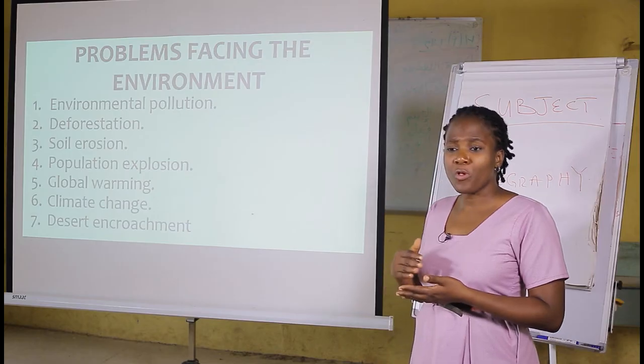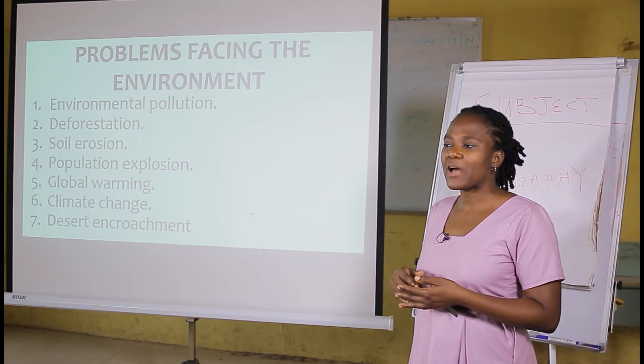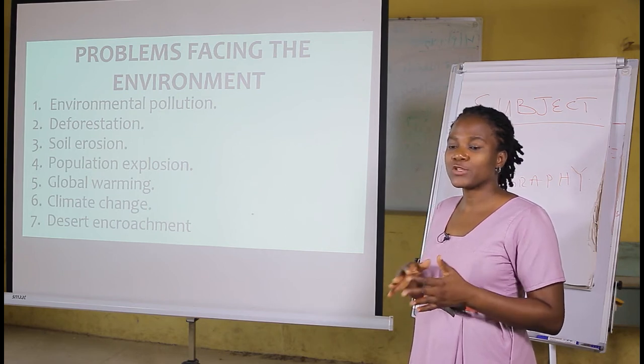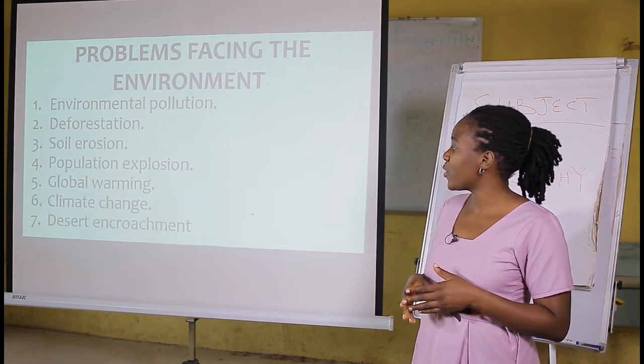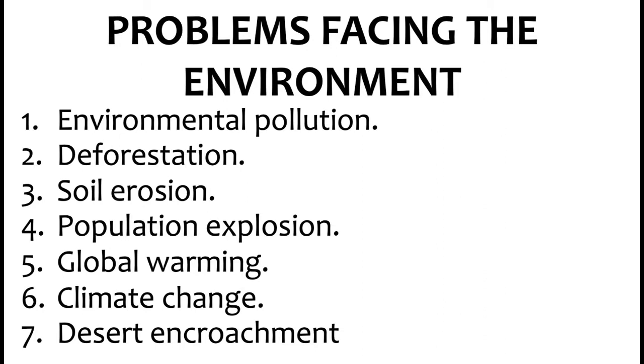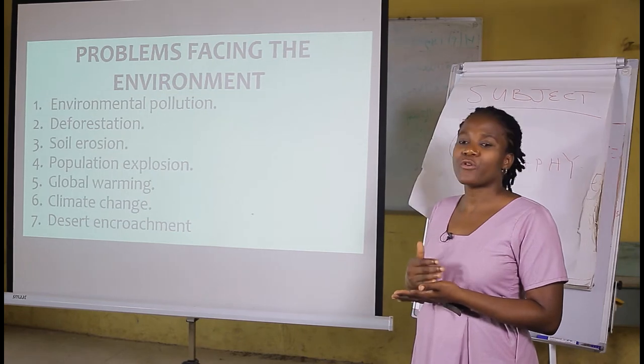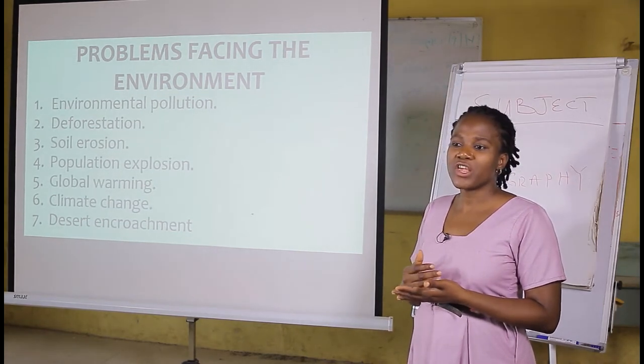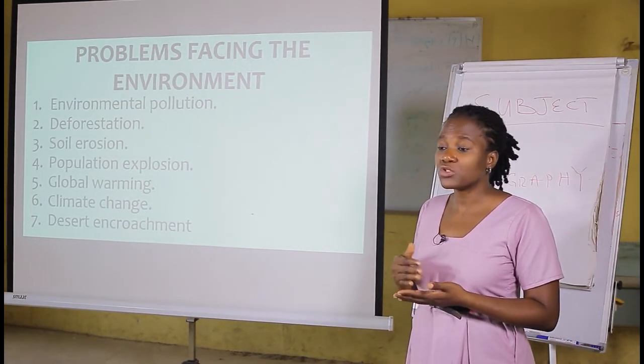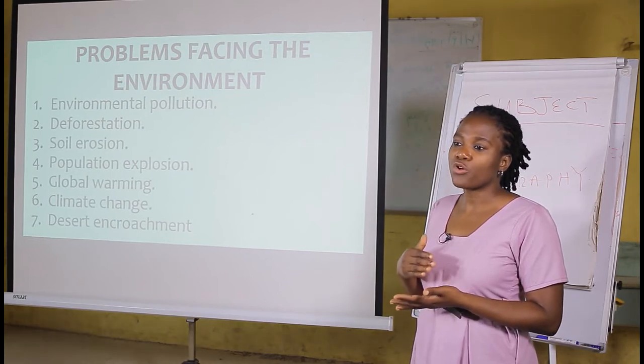We hear of global warming everywhere, how the ice caps are melting, there's more water, there's no balance in the environment. Six is climate change, which is closely linked with global warming. And then seven, we have desert encroachment. With persistent deforestation, the area becomes desert land where the soil is no longer fertile or suitable for the cultivation of crops.